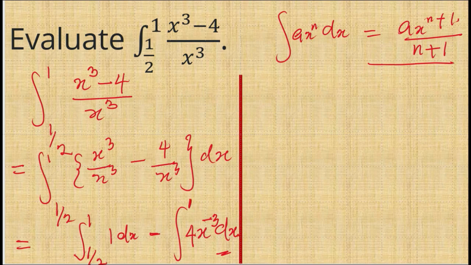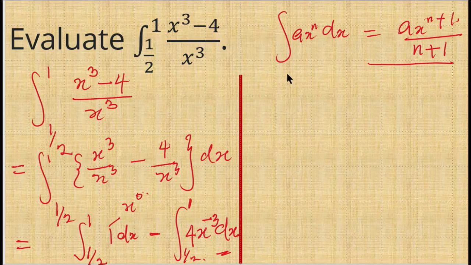This also is ranging between 1 and half. So if I'm integrating 1, it is as good as writing this as x raised to power 0. That's my n, which will be 0.